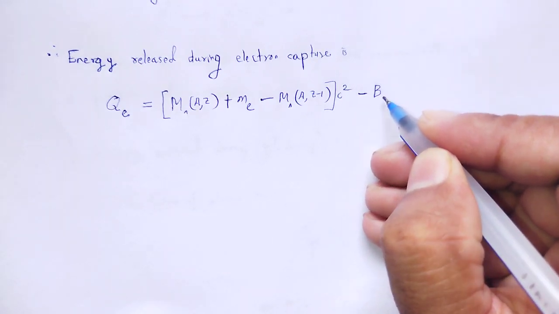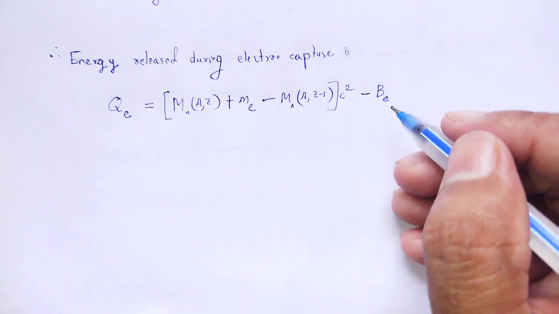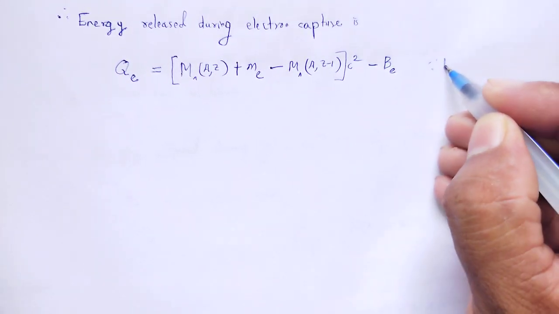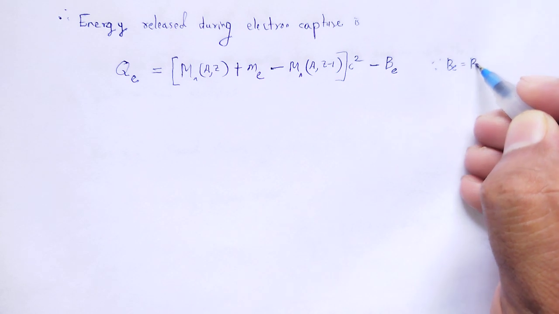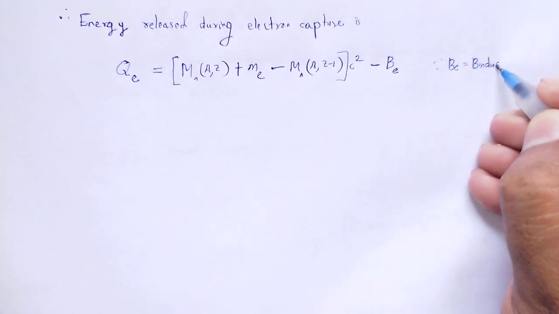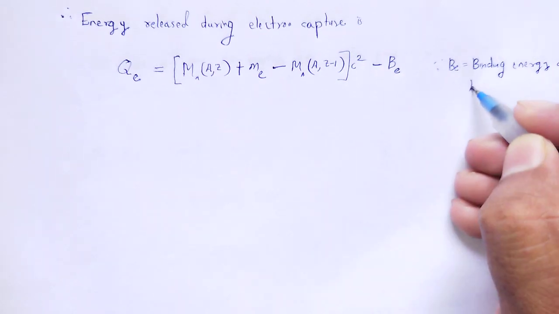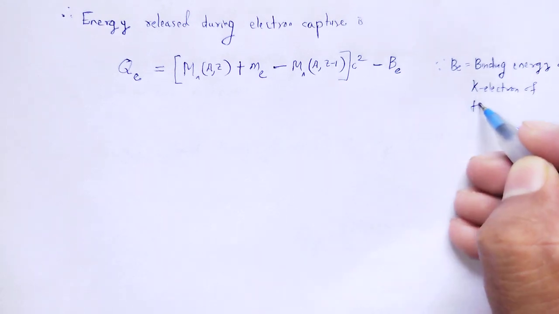That h nu, let us call it the binding energy of the K electron of the atom. Here Be stands for the binding energy of the K electron of the atom.